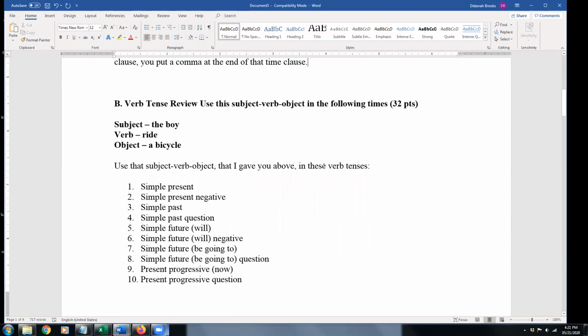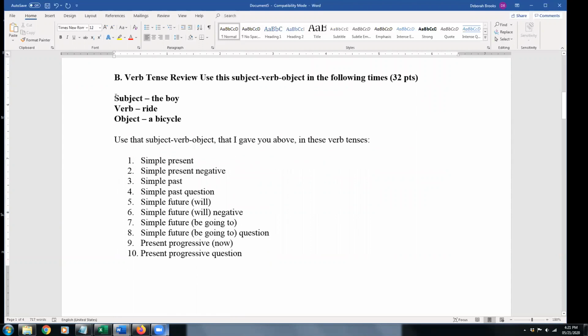So, the boy ride a bicycle. Most of you did really well on this section. A couple of you didn't use the boy and the ride and the bicycle, but most of you did really well on this section. The boy rides a bicycle. The boy rides. Simple present.